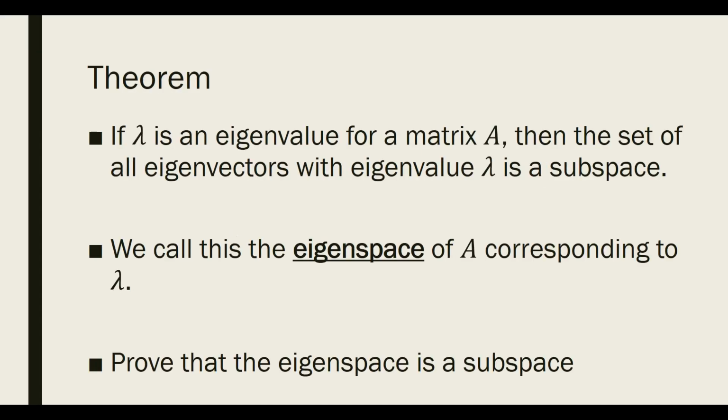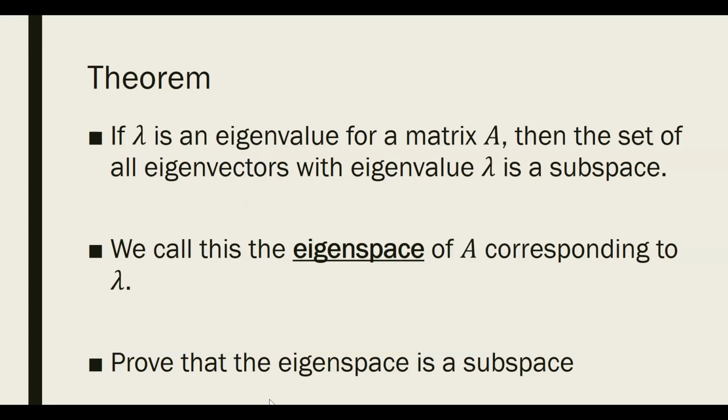Now you can go further here and also think about what's happening in a broader sense. So let's say lambda is an eigenvalue for a matrix. It turns out we can collect all of the eigenvectors that are associated with that eigenvalue.